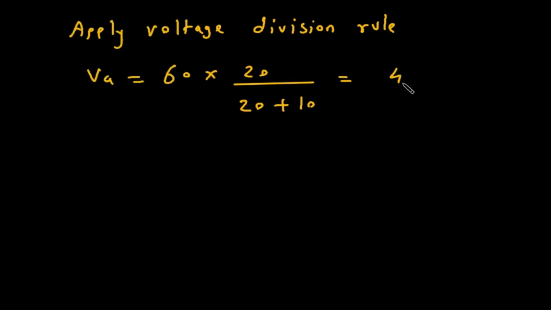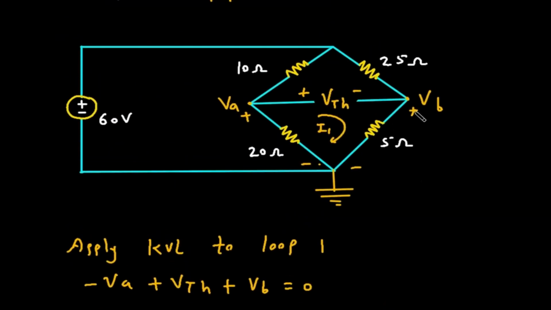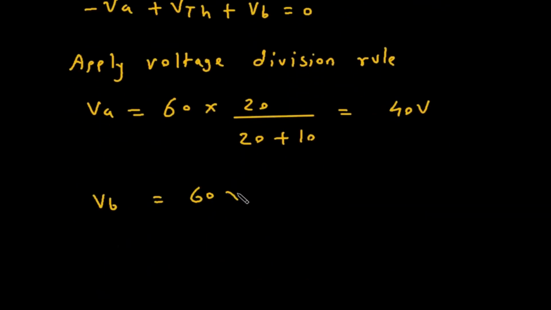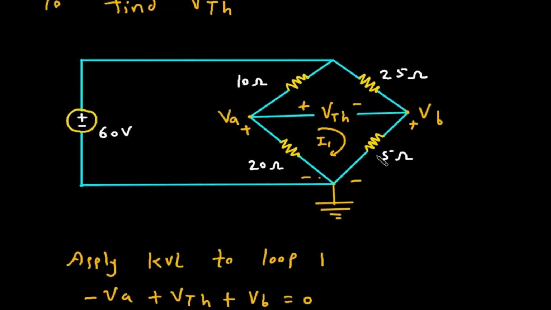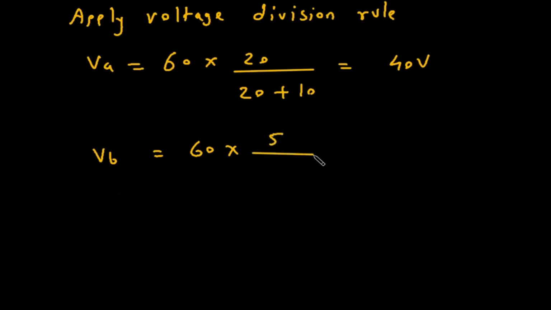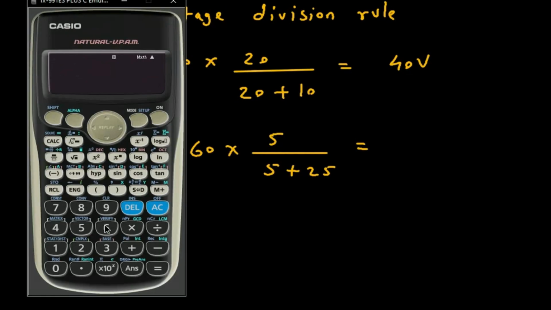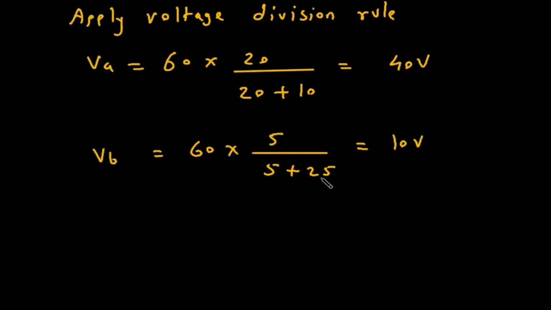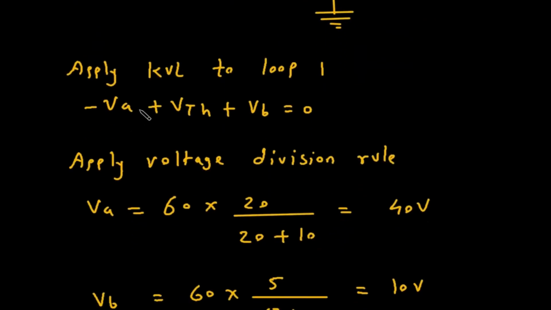So it is 40 volt. Next, similarly, VB is equal to 60 volt into 5 divided by 5 plus 25. So it is 10 volt. Now from this VA, we can rewrite this equation.